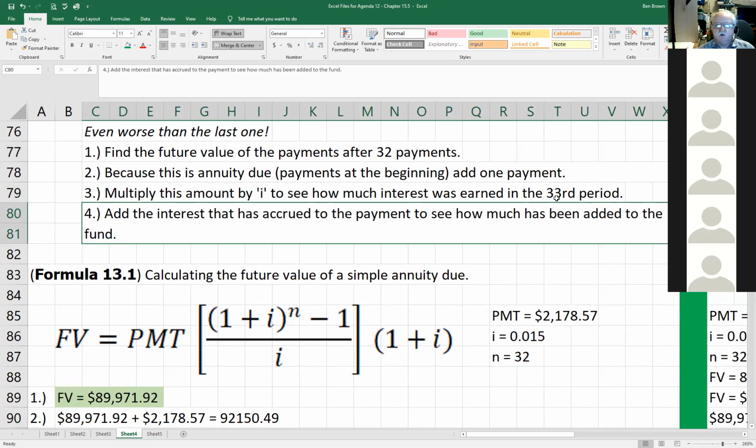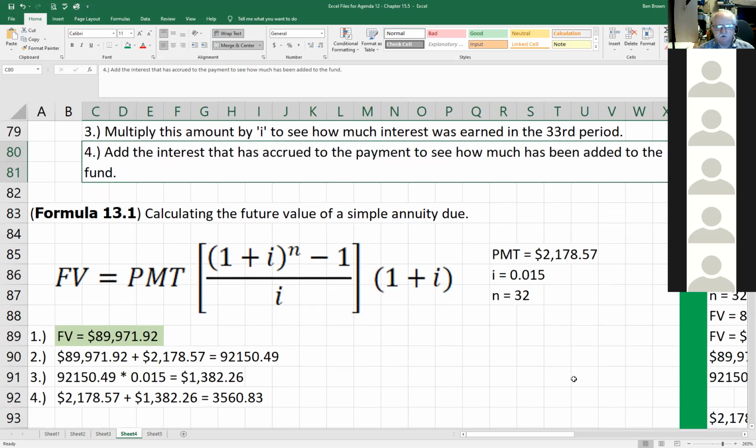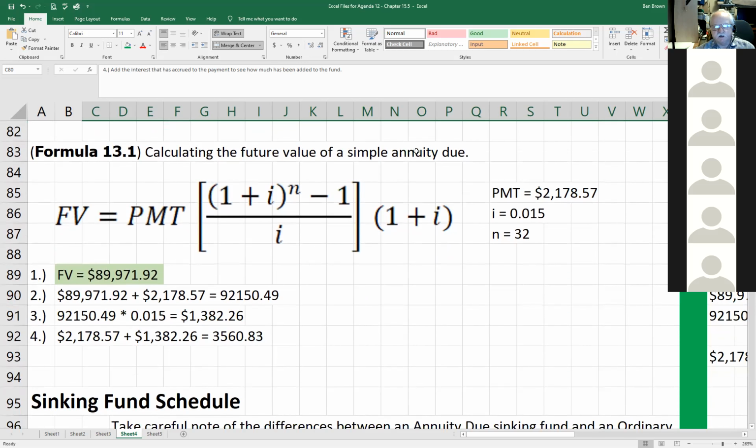period. And so these 3 steps were the 3 steps we had to do in part C. But now we have to add the interest that is accrued to the payment to see how much has been added to the fund. So we have to do these 4 steps, and here they are. We calculate the future value with n equals 32. So we come up with a future value. The next step is to add 1 payment to that.